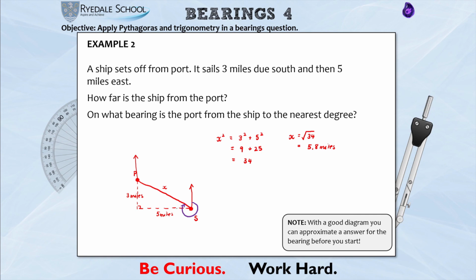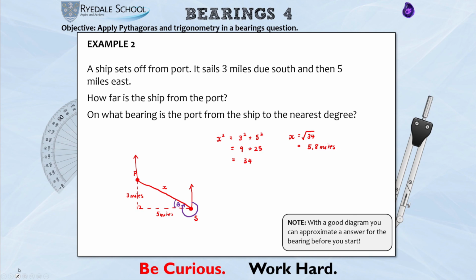So maybe about 300. And that also has given me a clue as to how I'm going to work this out. I know all the way round to west, that line there is 270. And then if I work out this angle here using the triangle and trigonometry, I will be able to add that one on to 270 degrees.